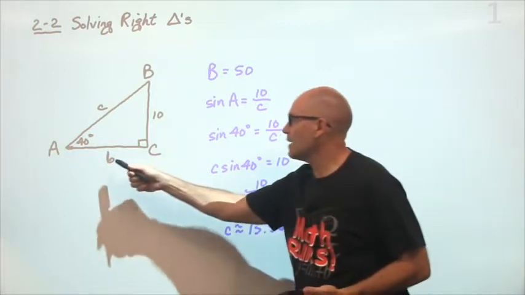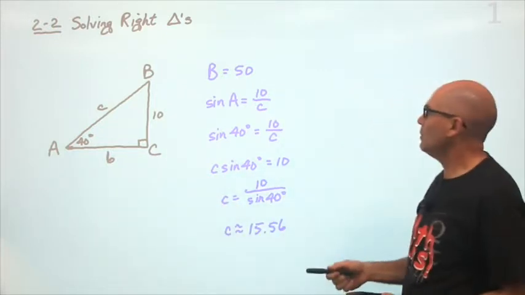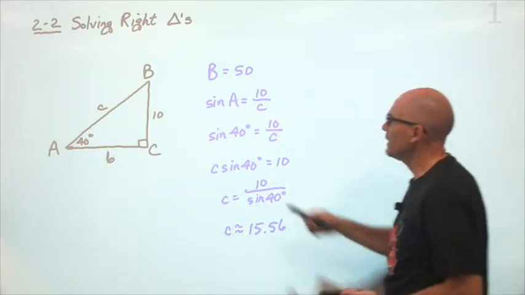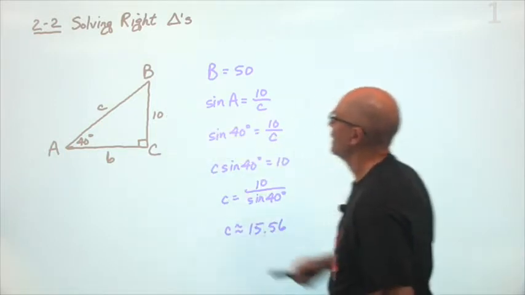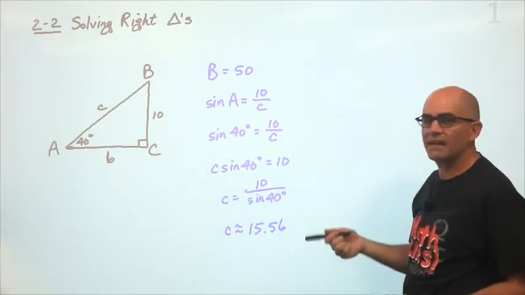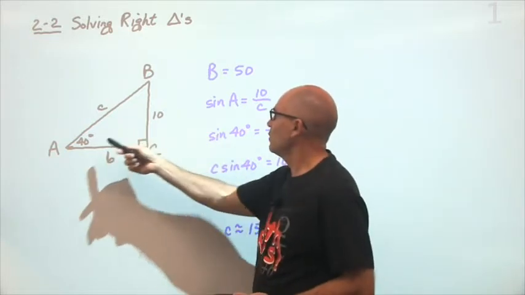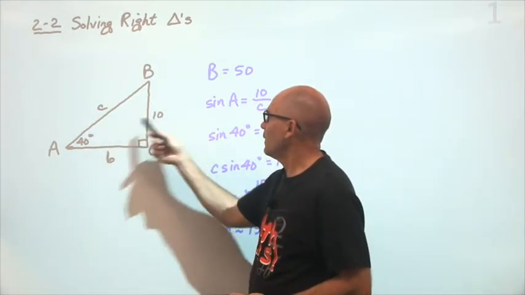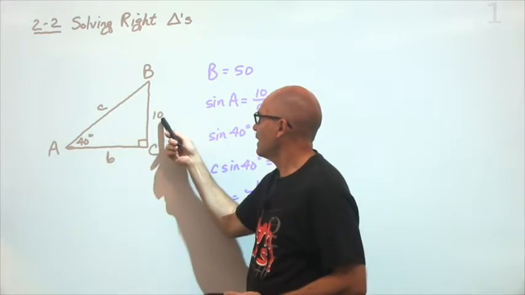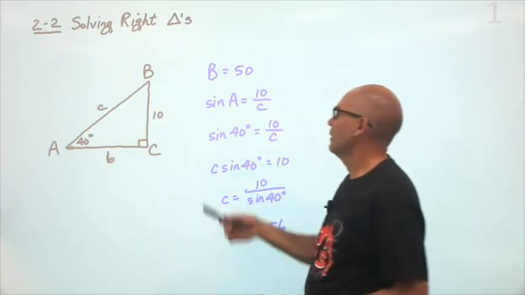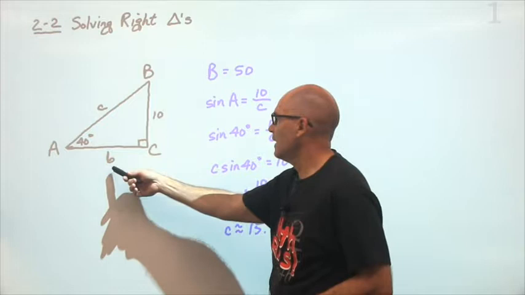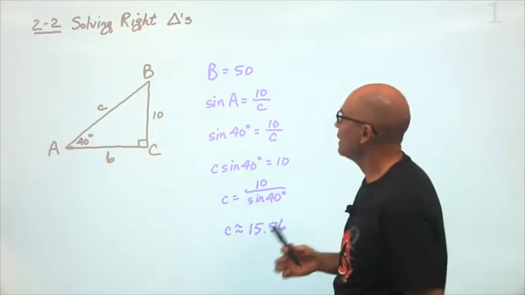Now we need side B. Now, the best thing to do is stay with the 10 because it's the exact number that was given. So what trig function can we use with angle A that uses a 10? Well, we have opposite and adjacent, so we have tangent.